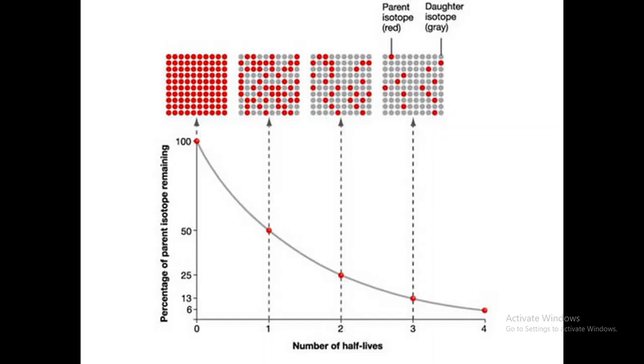So after two half-lives the activity will have fallen to one quarter of A0, that is 25, right?